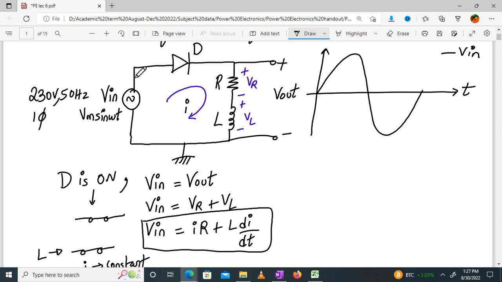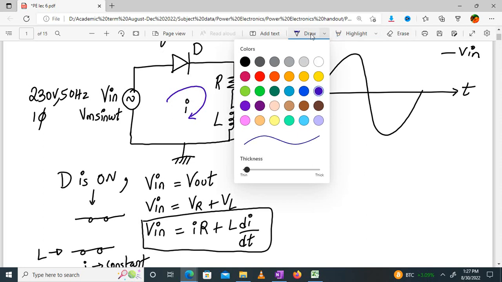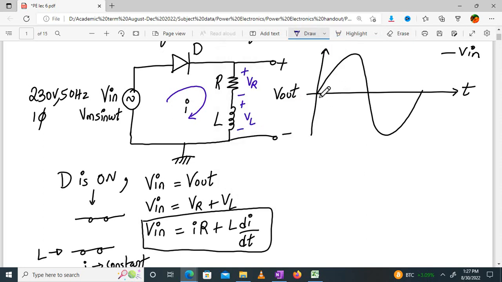So as soon as my input goes to the positive half cycle, this diode is on. So the current starts rising slowly, right? Let me draw the current over here in blue color. So my current starts rising from zero only, because my diode is forward biased and I'm neglecting the forward drop.